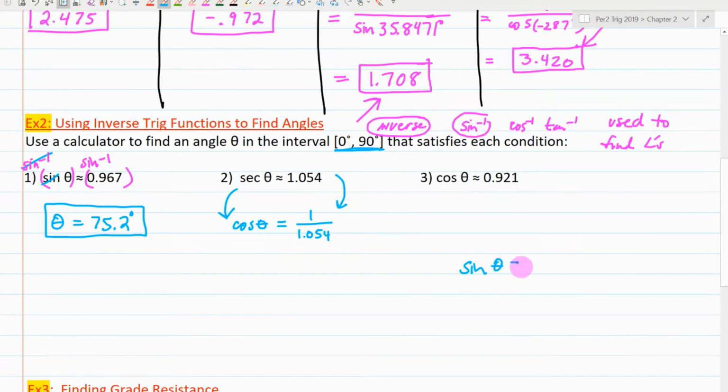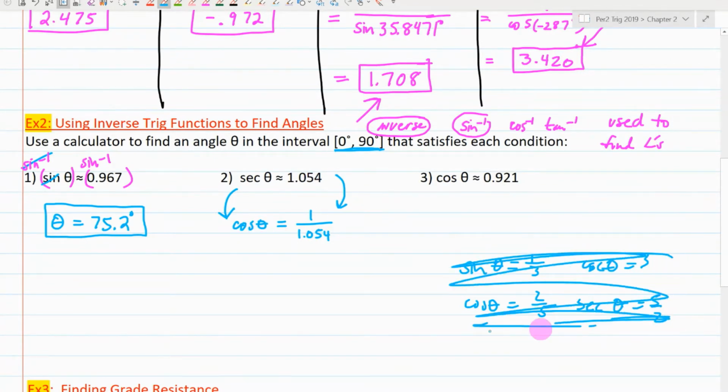If I gave you sine theta is 1/3, then cosecant theta was 3 over 1. If cosine theta was 2/5, secant theta was 5/2. So that's what this is. It just so happens that that's a decimal. So we're taking the secant answer and flipping it over to get the cosine answer.